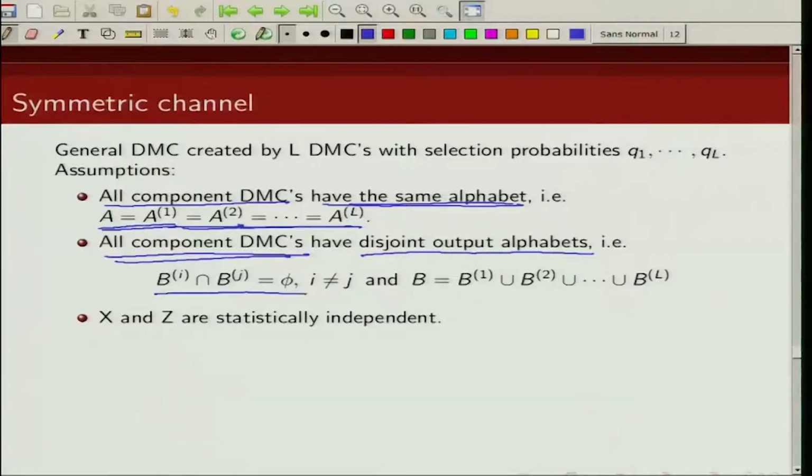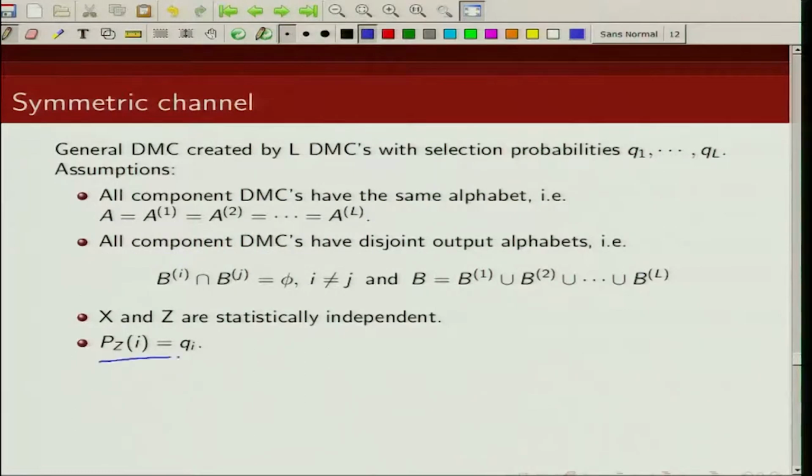The intersection of Bi and Bj is empty, and of course the union of all these L disjoint sets is my overall set of output letters. And the selection, denoted by this random variable Z, is independent of X, and the selection probability is given by Qi.